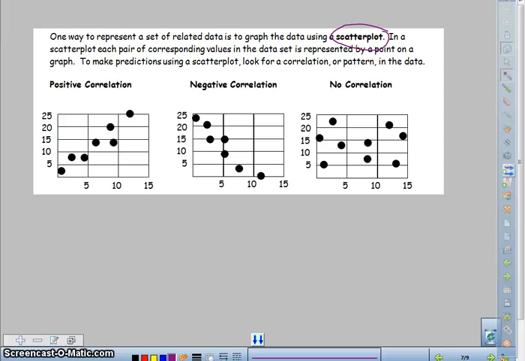So positive, negative. What if they're spread all over and there's no pattern? Well, that's called no correlation. There's just no pattern to it. You can't make sense of it, and there's not even a line of best fit. For these over here, if we were to draw a line of best fit, you would want as many points on the top as are on the bottom.